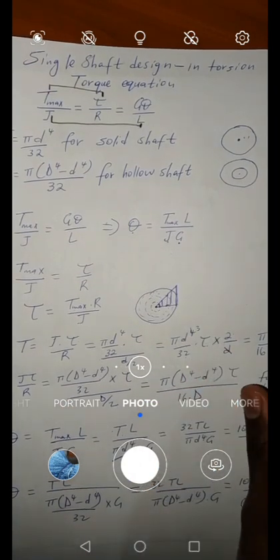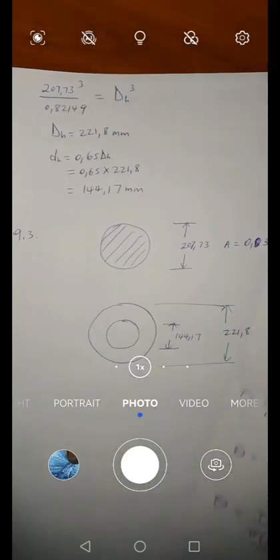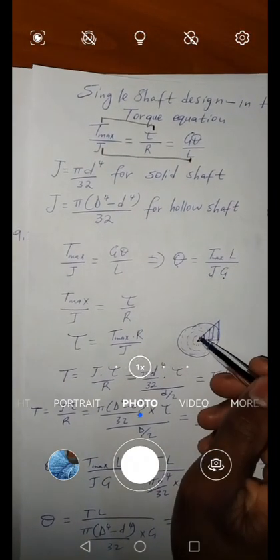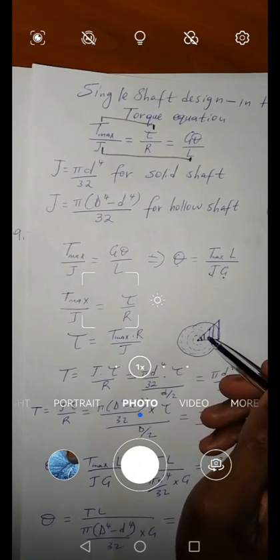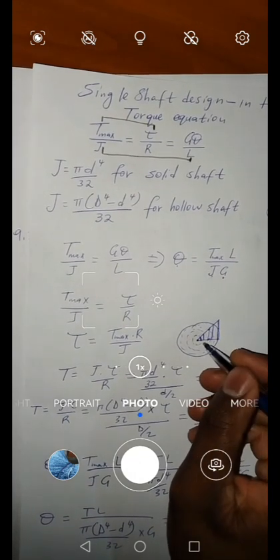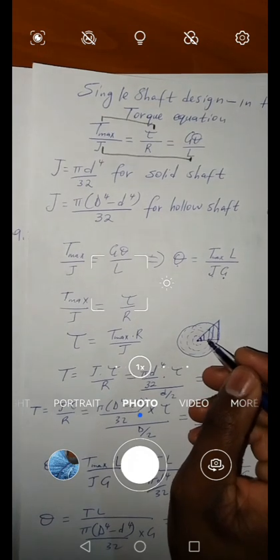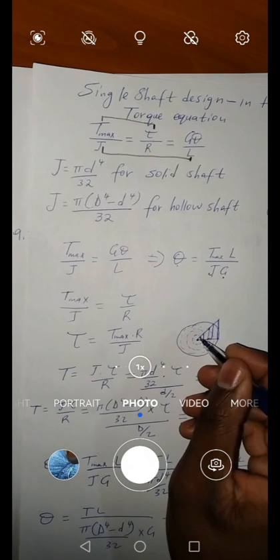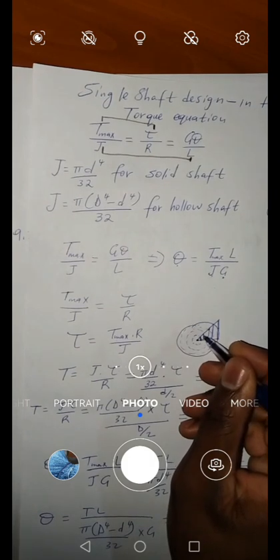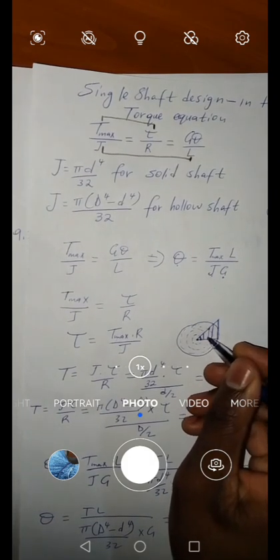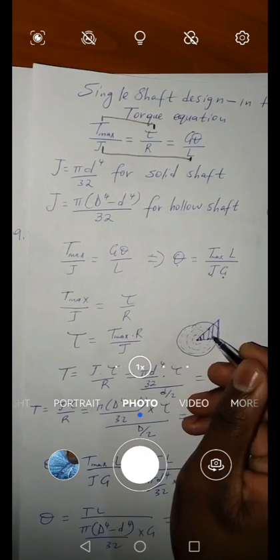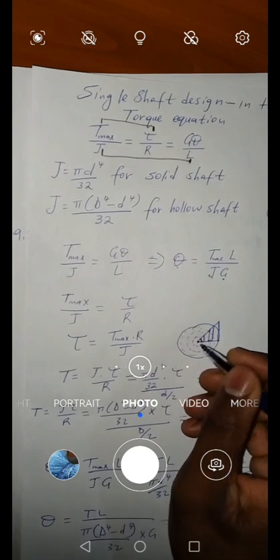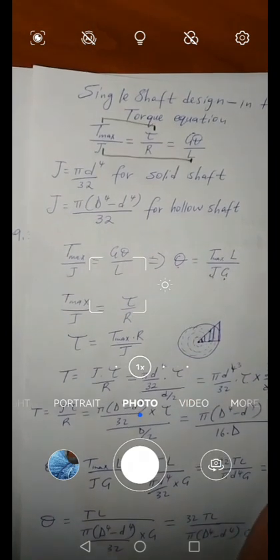So as I've said before, what we can observe from here is that the inner material is going to experience a relatively small shear stress. Like at this point, shear stress is represented by this vertical line, it's small. Then here at the outer, the shear stress is big, is represented by this line. So somewhere here at the core, the shear stress is very small.